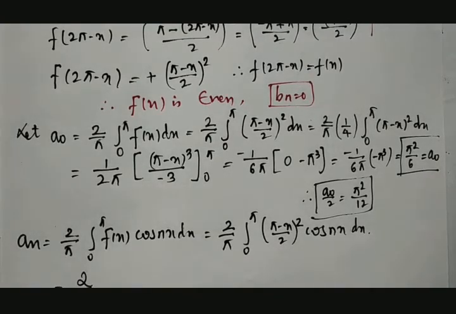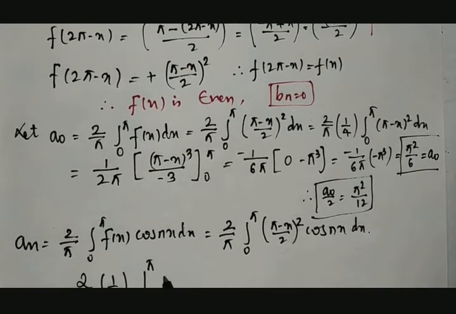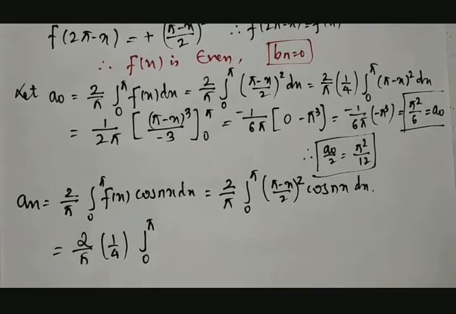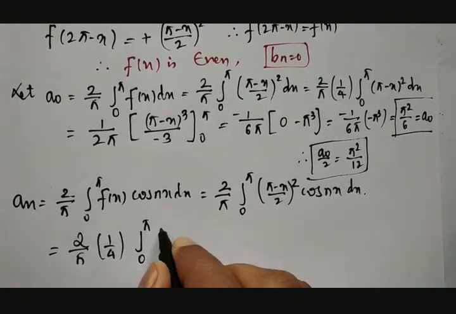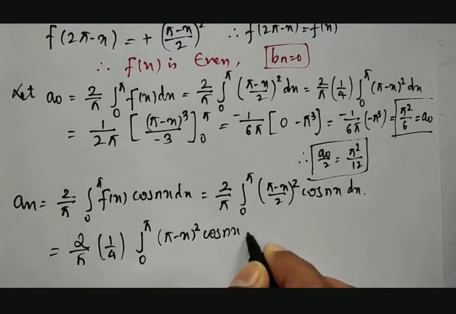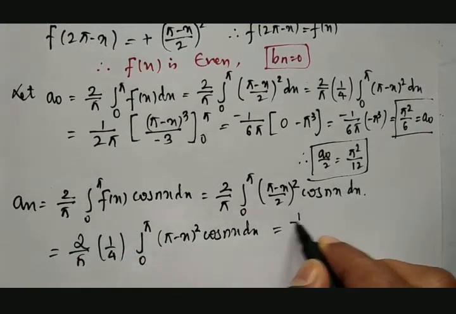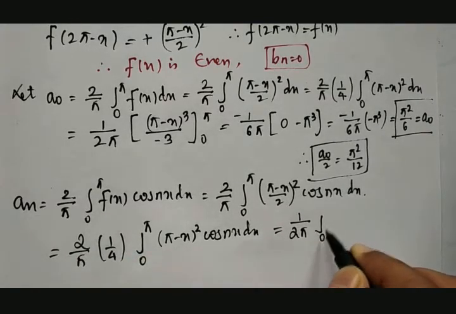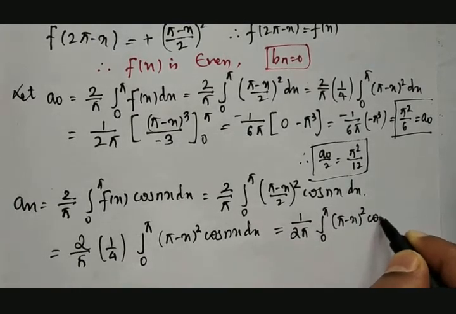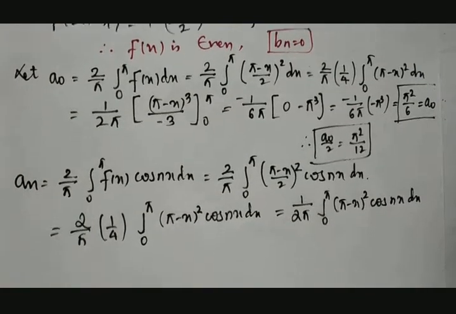So 2 divided by pi into 1 by 4, integration between 0 to pi, (pi minus x) whole square into cos nx dx, which is nothing but 1 divided by 2 pi, integration from 0 to pi, (pi minus x) whole square into cos nx dx.